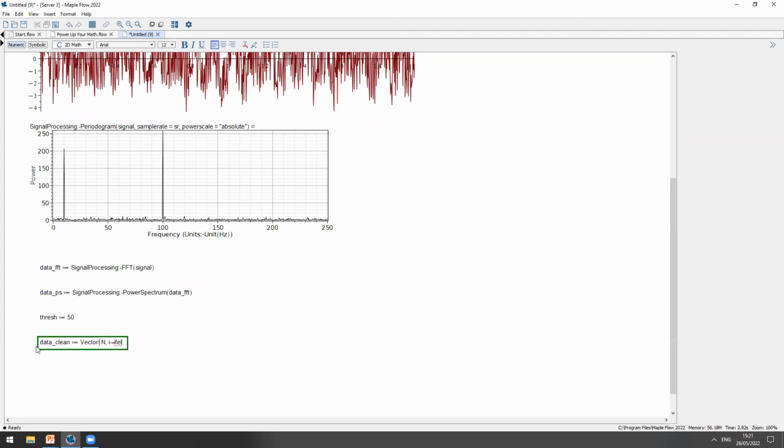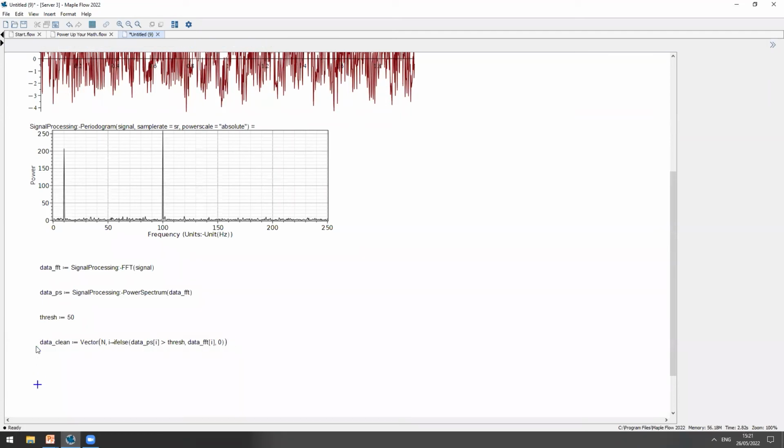And if the power spectrum of a particular frequency is greater than a threshold value, we're going to keep the data from the FFT. Otherwise, we're going to discard it and replace it with 0. Let's hope I've done this correctly.